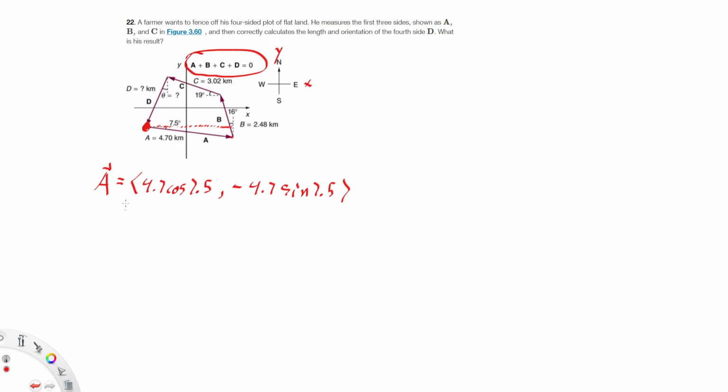Then B is pointing in quadrant 2, right? It's going up and to the left, or north and to the west. So it's going to have a positive y component and a negative x component. And the x component is actually opposite from the angle we're given, right?